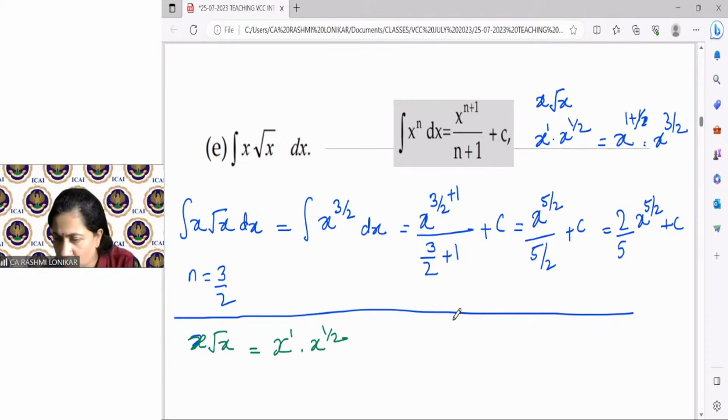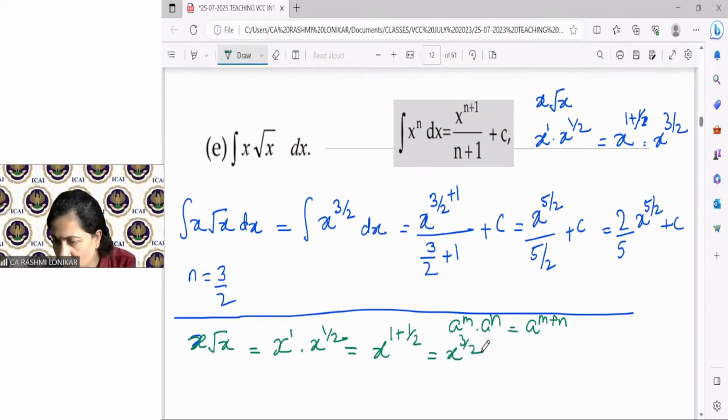Now I will use a raised to m into a raised to n is equal to a raised to m plus n. So this becomes x raised to 1 plus half, which is equal to x raised to 3 by 2.